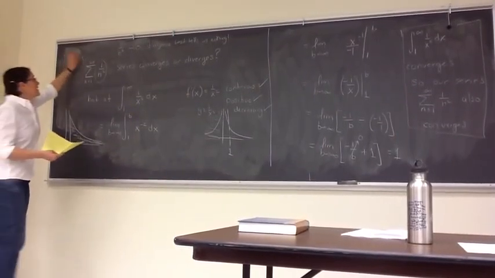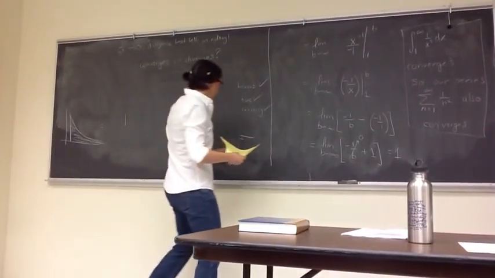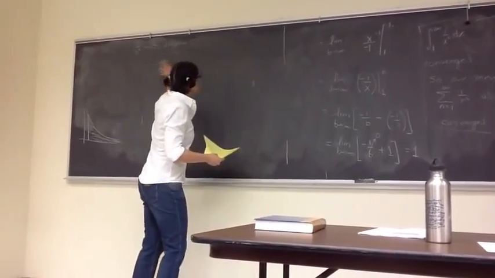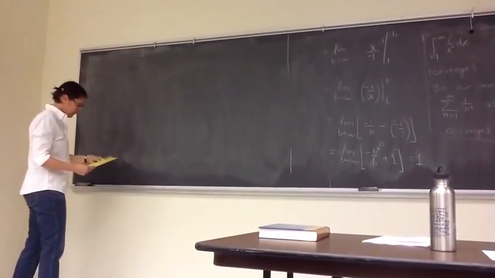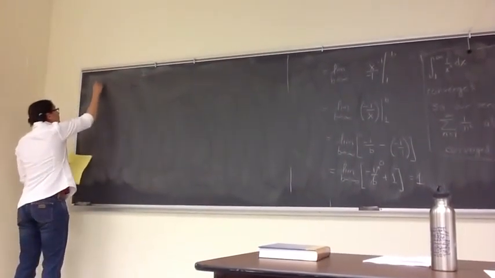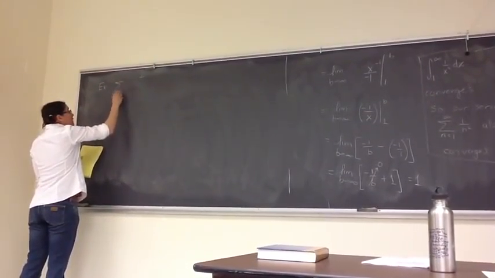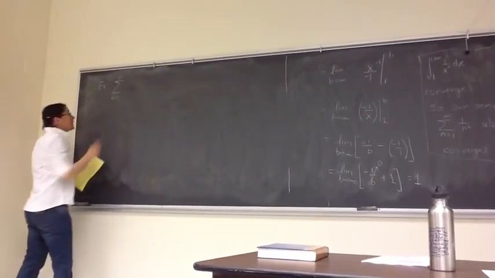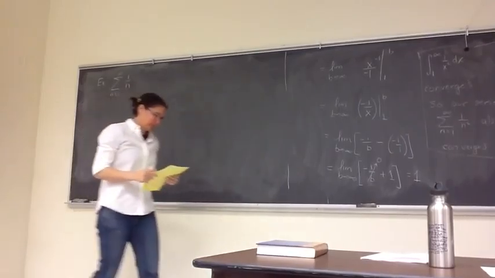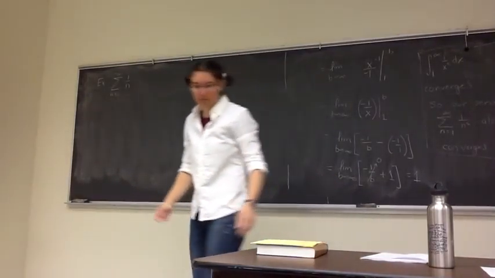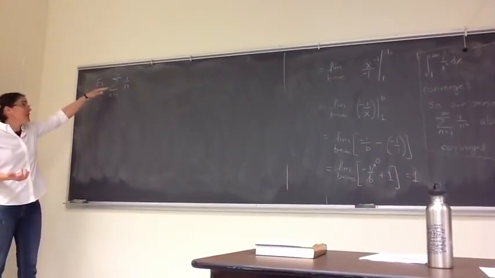Well, let's look at a second example of this integral test. I'm going to leave the integral test over there on the right-hand side. And here's our second example. We're going to look at the sum, where n goes from 1 to infinity, of 1 over n.